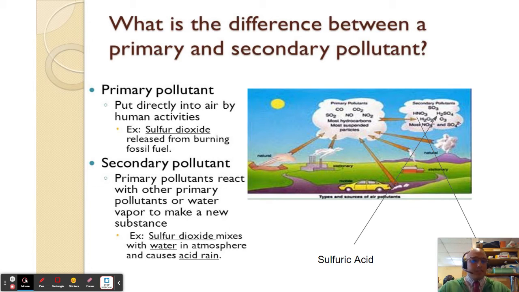Okay. So please understand that. Now, we're eventually trying to get to acid deposition, aka acid rain, right? And if we look at this chemical composition here, we're giving you some examples of, let me just move my image here.